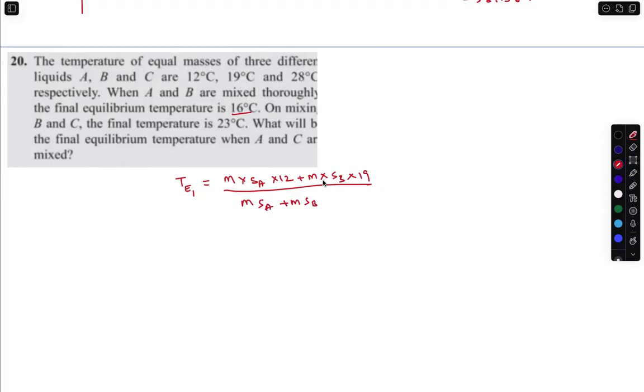This will allow you to frame one equation, and that equilibrium is also given as 16. This allows you to frame one relation, and that relation is SB is equal to 4 by 3 SA.